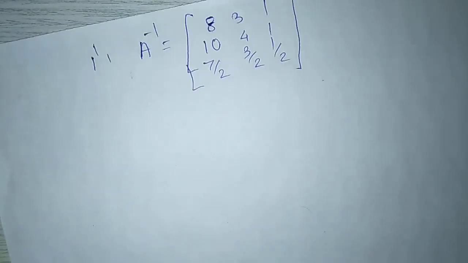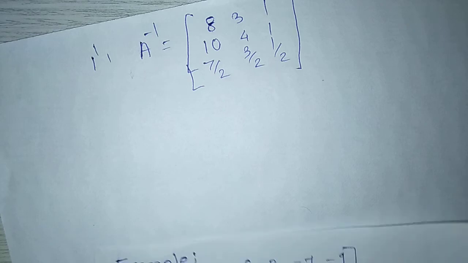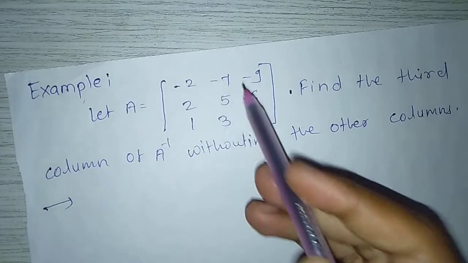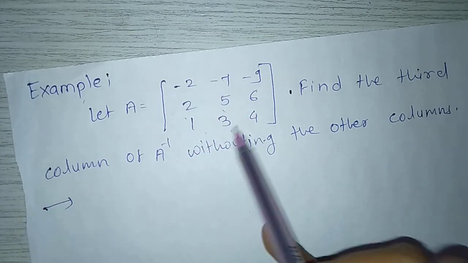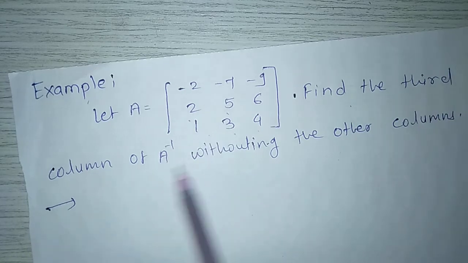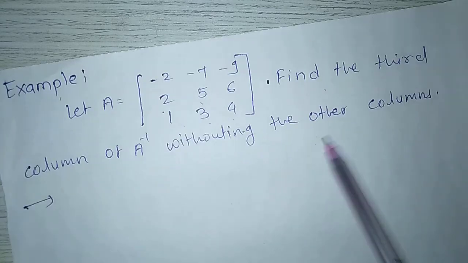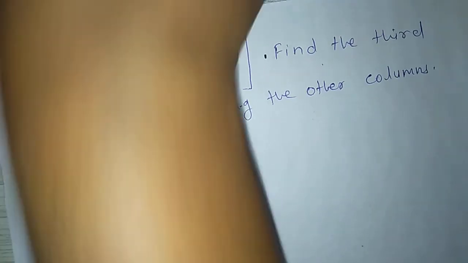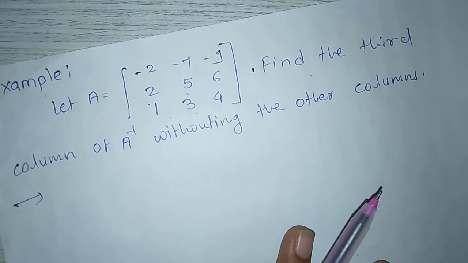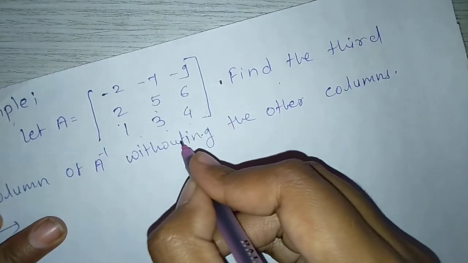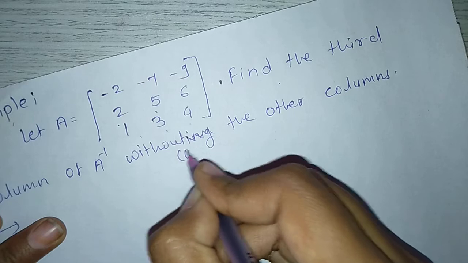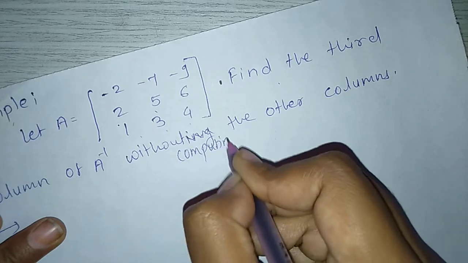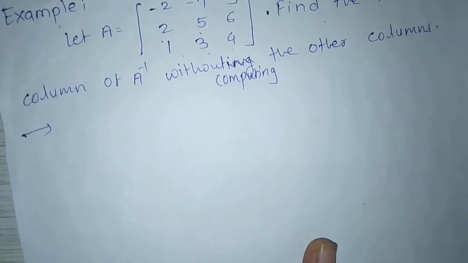Next example. Let A equal to minus 2 minus 7 minus 9, 2 5 6, 1 3 4. Find the third column of A inverse without computing the other columns.